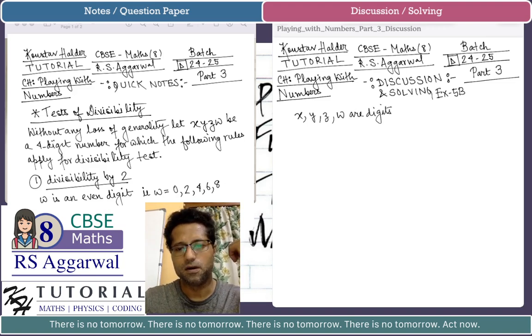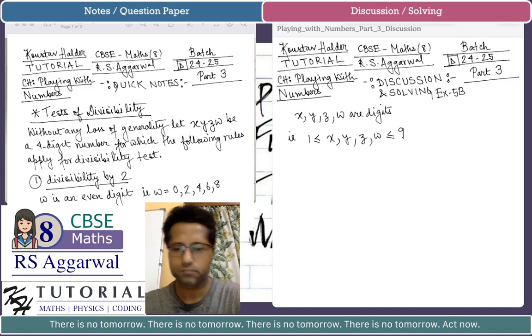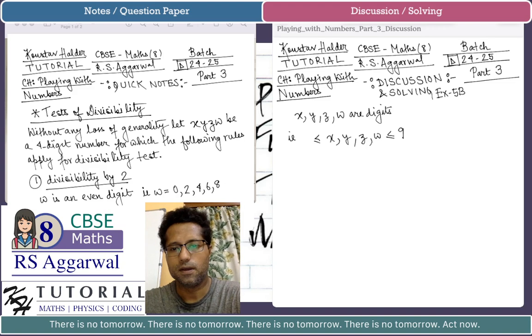That is, all of them are greater than or equal to 1 and less than or equal to 9, since they are digits. No, sorry, they are greater than or equal to 0 and less than or equal to 9.